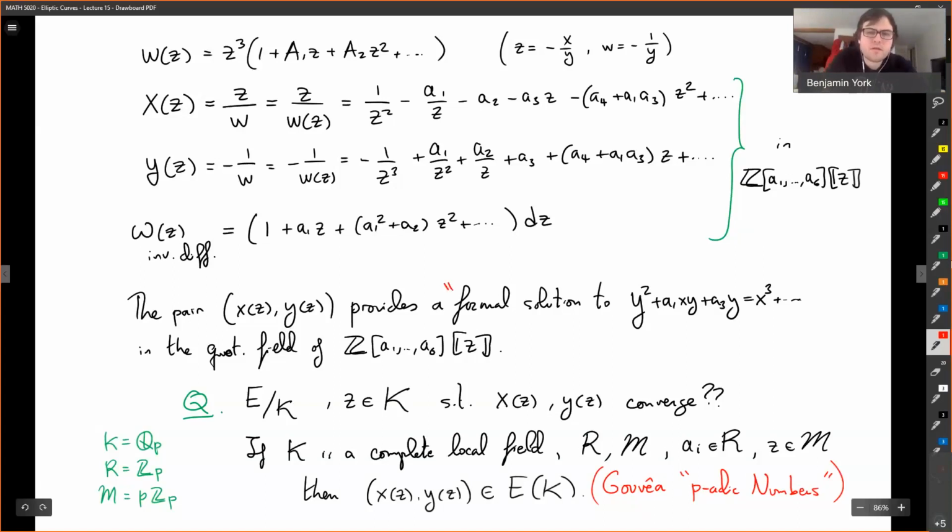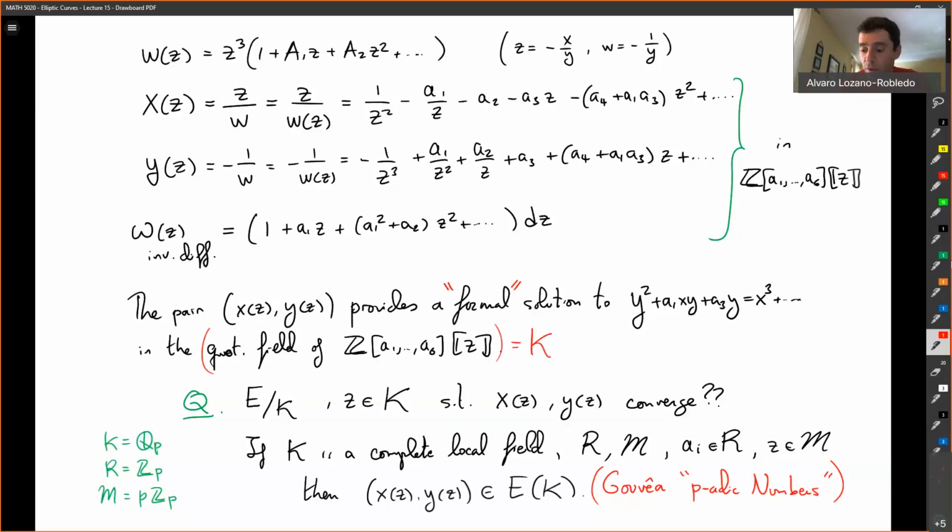So by formal, I simply mean that if I take the quotient field of this, call that K, then by formal solution, I mean a point on E of K. Okay, but formal here really means that it's a power series.